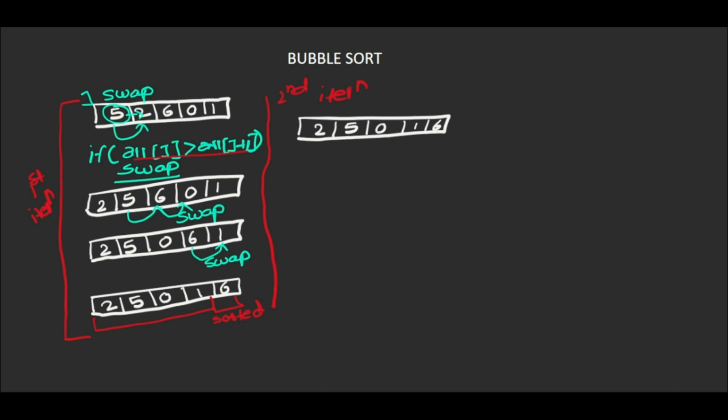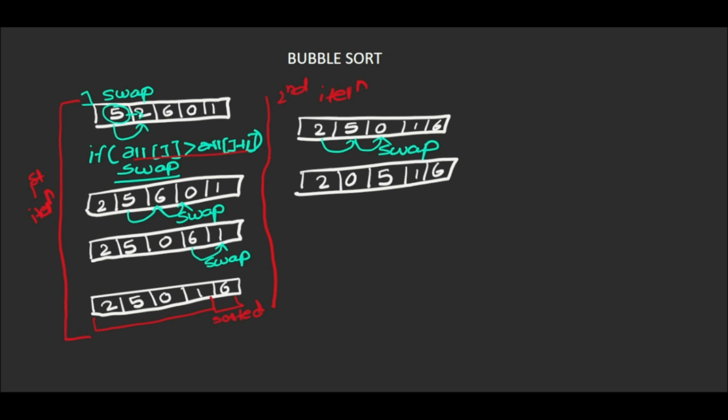Again we will compare 2 with 5, but since 2 is not greater than 5, there won't be any swap. Again we compare 5 with 0. Since 5 is greater than 0, we need to swap here. After the swap, the array will look like 2, 0, 5, 1, 6.